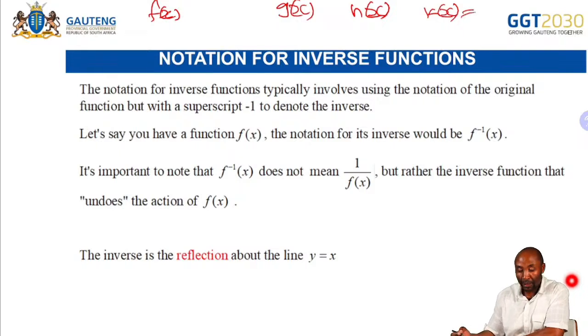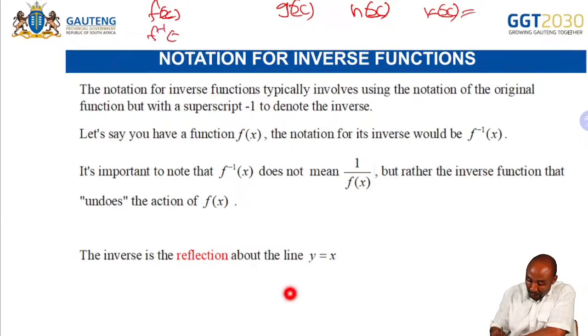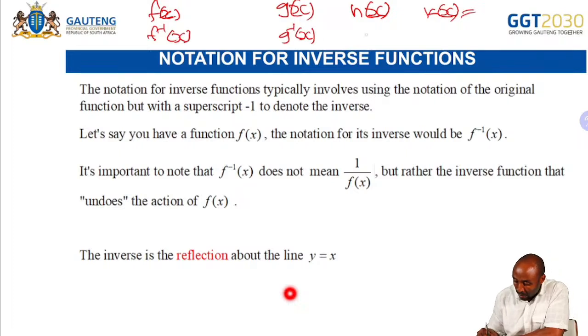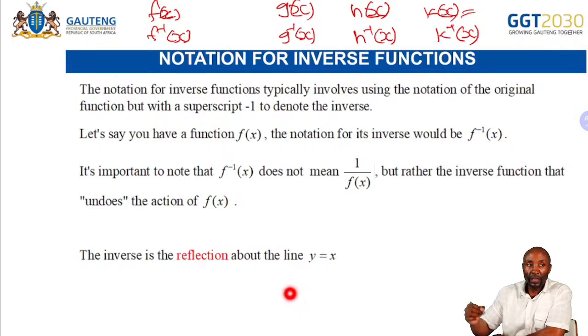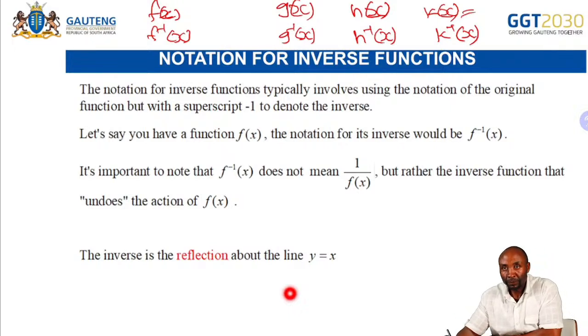That's how we represent our functions. Now, the inverse of f of x will become f inverse x, of g of x is g inverse x, of h of x is h inverse x, k inverse x. It's f to the exponent -1. That's how we name our inverse functions.